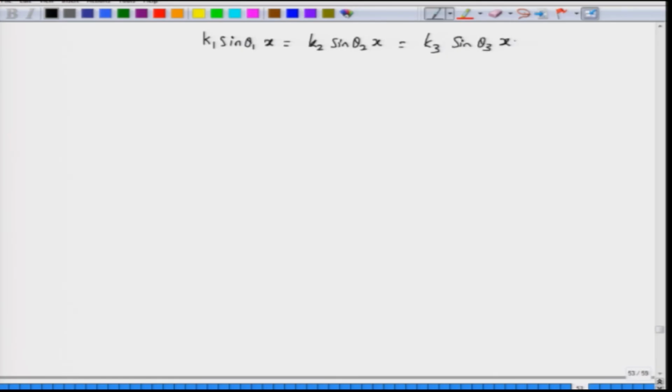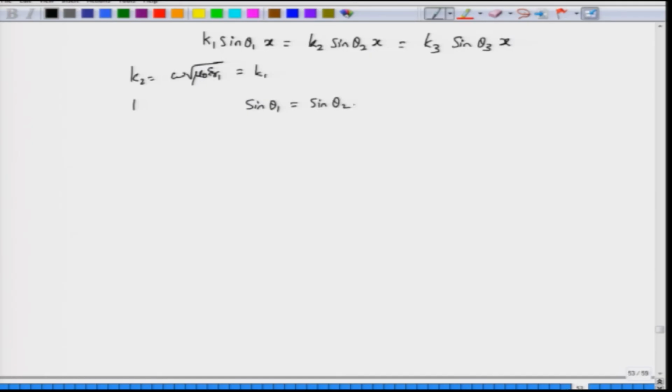Now, obviously in these expressions k2 is given by omega square root mu naught epsilon r1, which is equal to the magnitude of k1. Why? Because both incident and reflected waves are in medium 1, and medium 1 is characterized by permittivity epsilon r1. That immediately implies that sin theta 1 must be equal to sin theta 2.